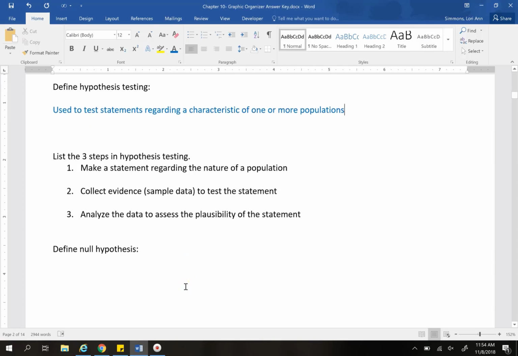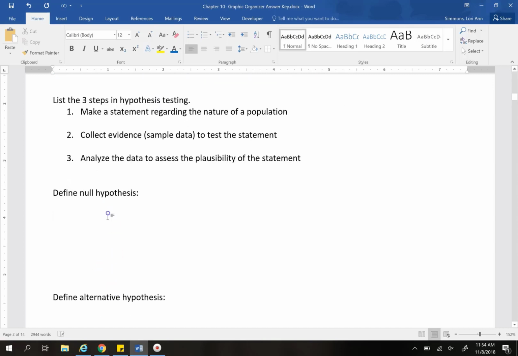Okay, in hypothesis testing, we have a null hypothesis and we have an alternative hypothesis. We will always have both of these. The null hypothesis is denoted as H sub 0. This is a statement to be tested.